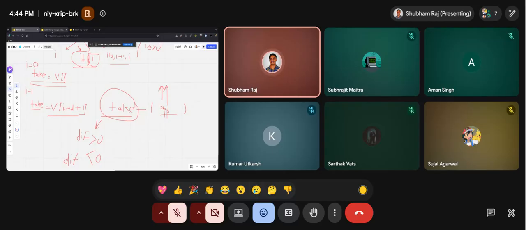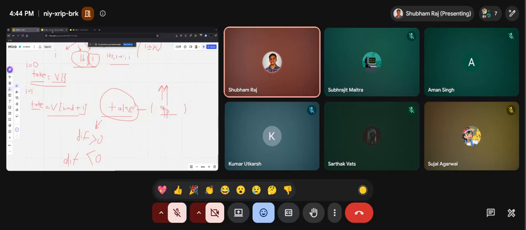Let's move to our next question. In this problem, Alice and Bob take turns playing a game, Alice starting first. Initially, there are n stones in a pile. On each player's turn, the player makes a move consisting of removing any non-zero square number of stones in the pile.